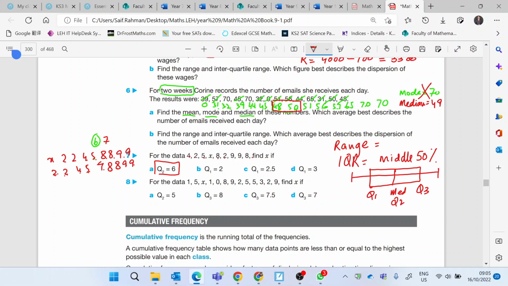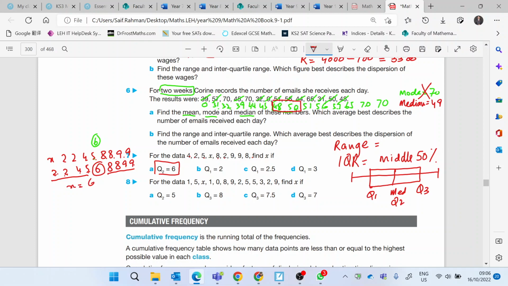No, it should be 6, it should not be 7. If Q2 is 6, that means Q2 is the middle number, 4 this way and 4 this way. So x is equal to 6.